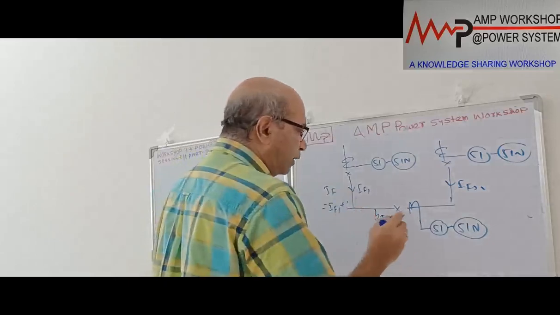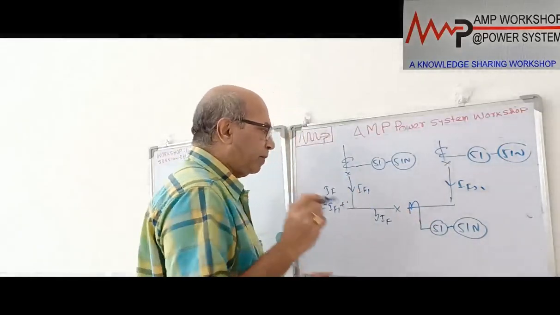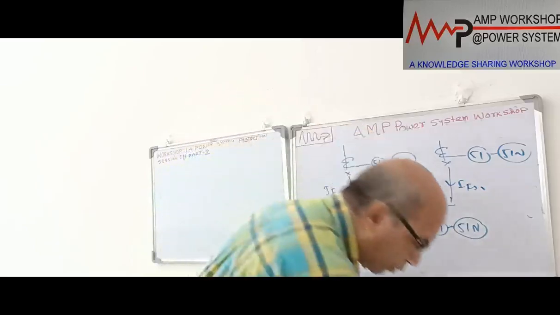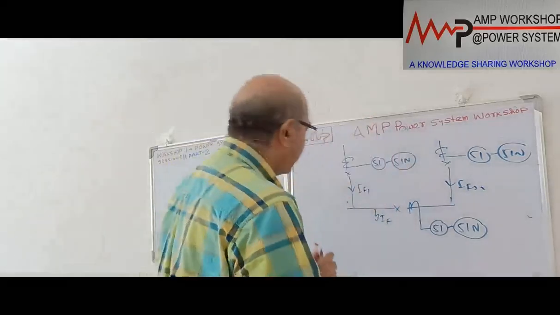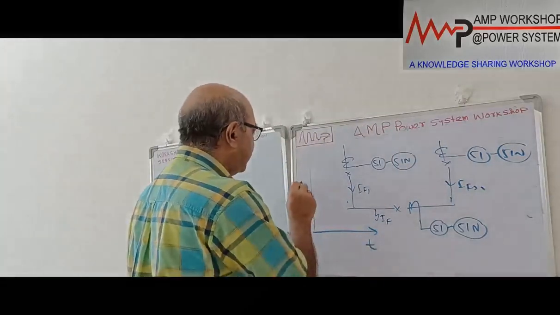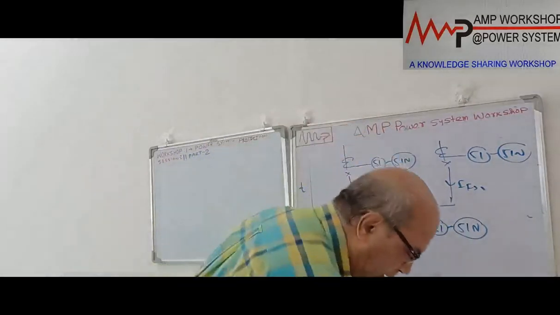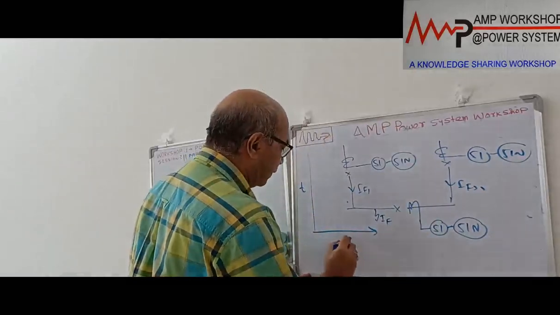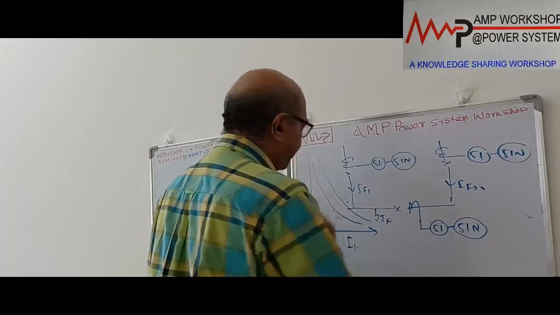Now the setting of this overcurrent relay is such that for a particular current, this is our IDMT characteristic. If you see the characteristic curves of the incomer and bus coupler, with time on one axis and fault current on the other, the characteristics of the incomer and bus coupler will be like this.